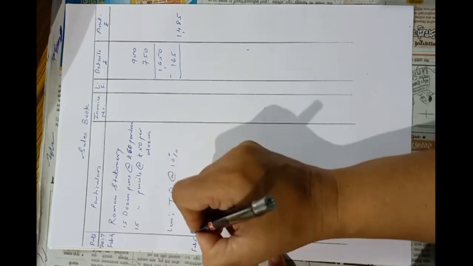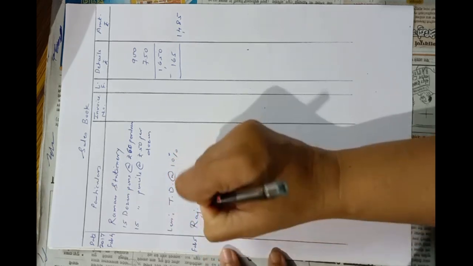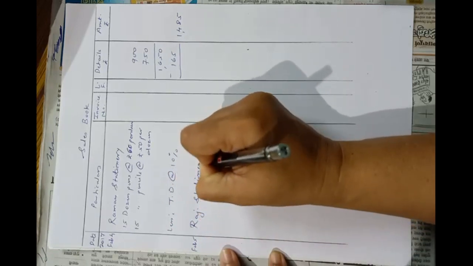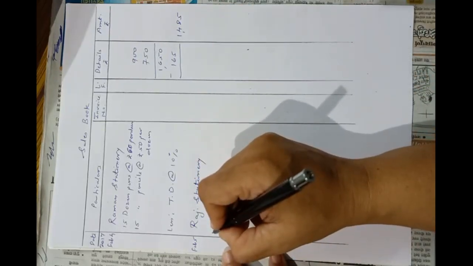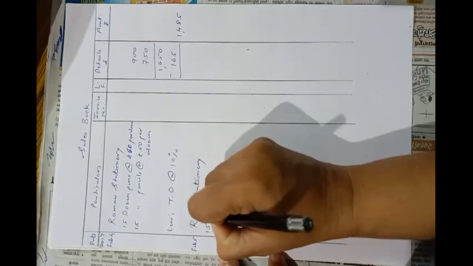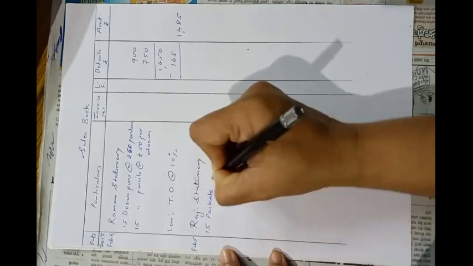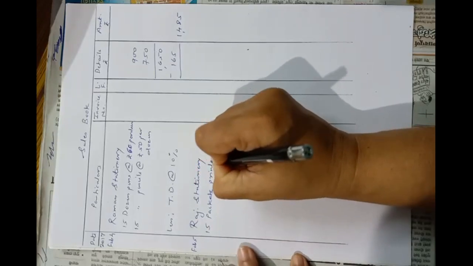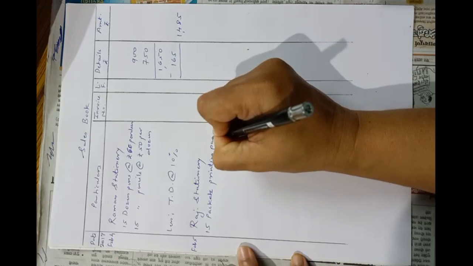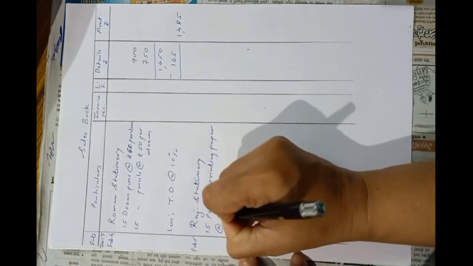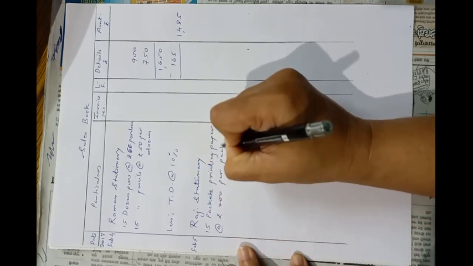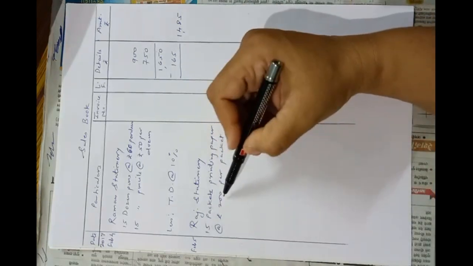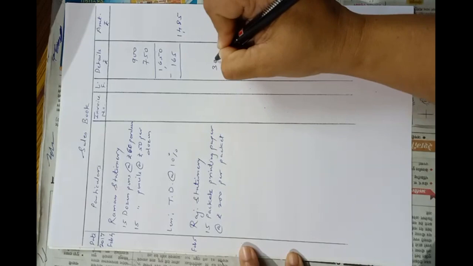So Raj Stationery, 15 packets printing paper at rupees 200 per packet. So 15 into rupees 200, it will be 3000 rupees.